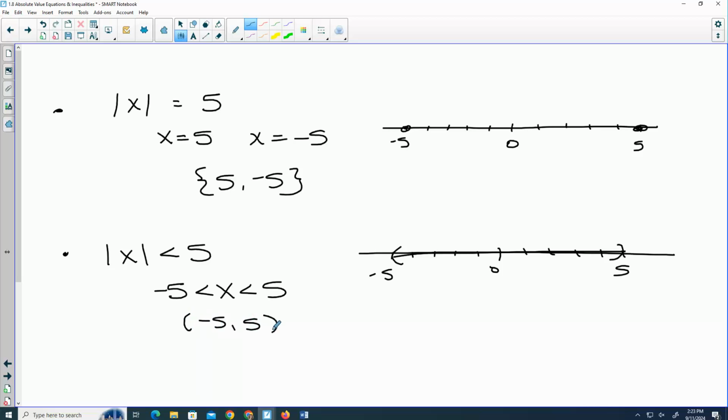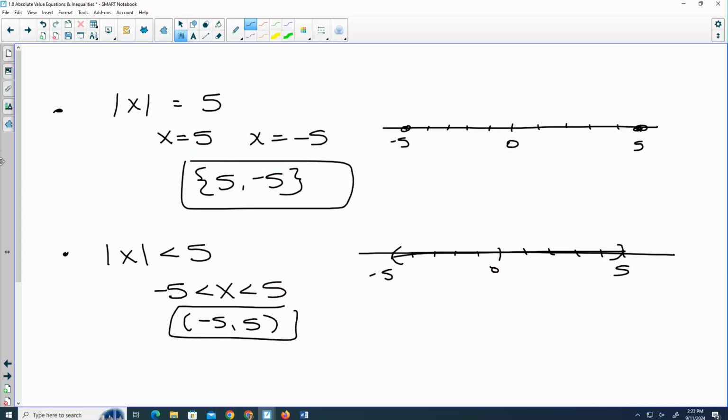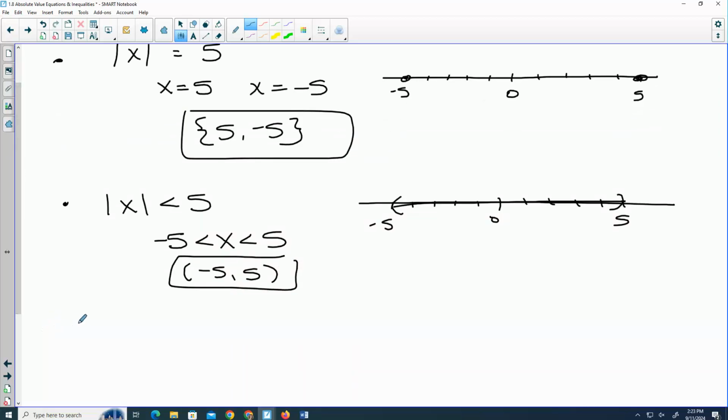And now we would write our final answer with an interval at the end. If I said greater than, so if the absolute value of x is greater than 5, what would that be?